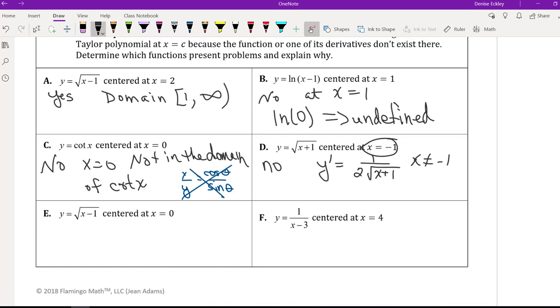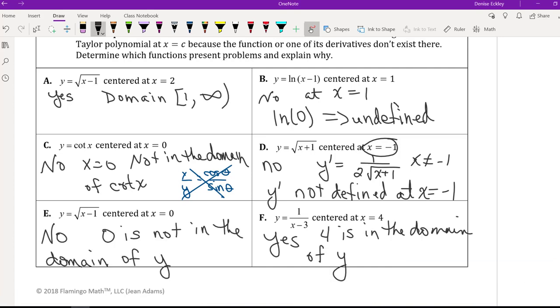So this is no, because y prime is not defined at x equals -1. You try the next two and see what you get, and then I will share the answers with you.